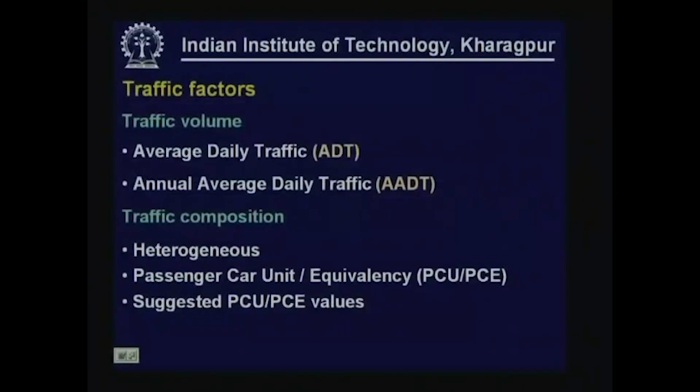We measure the traffic volume in two ways. One is called average daily traffic, we call it ADT. Another is annual average daily traffic, we call it AADT.